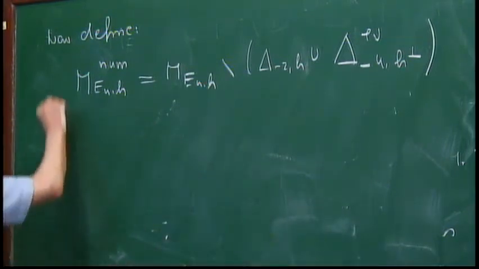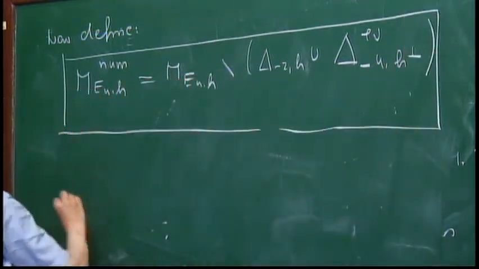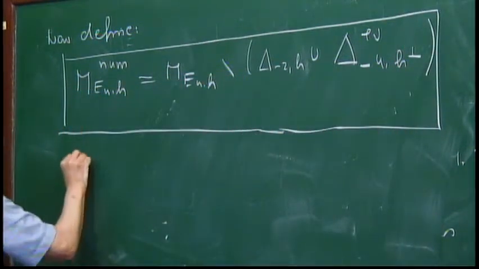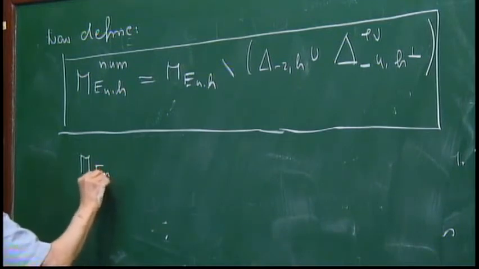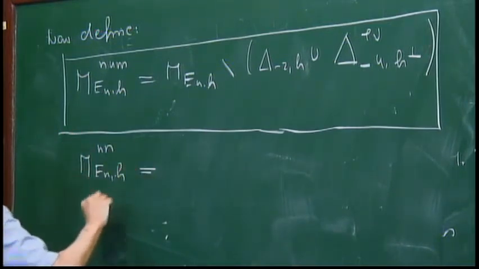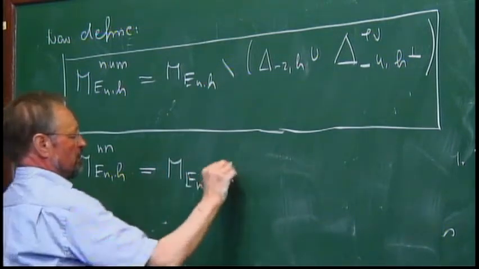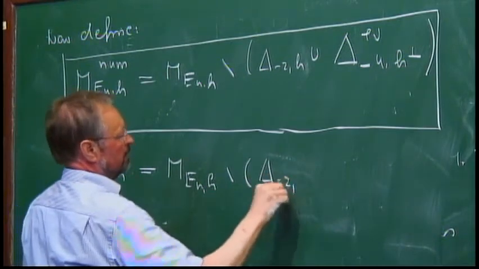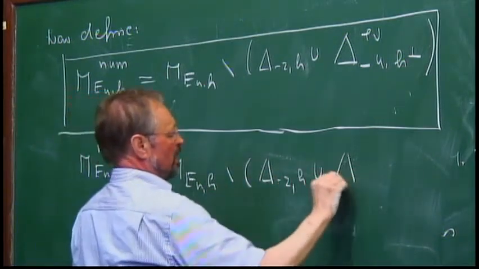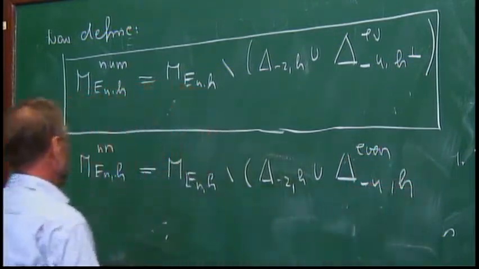And I can also define M E N H N N, and this will be explained why I chose this notation, as M E N H minus delta minus 2H union all even here.